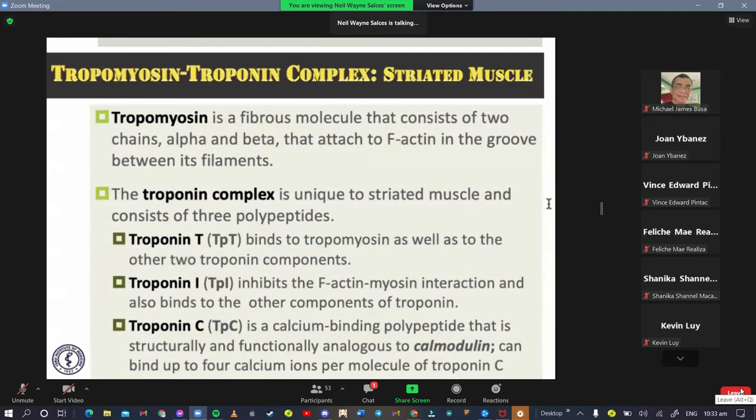You also have the troponin complex, and this is unique to striated muscle, and this consists of three polypeptides: your troponin T, your troponin I, as well as your troponin C. Your troponin T binds to the tropomyosin as well as the two other troponin components.